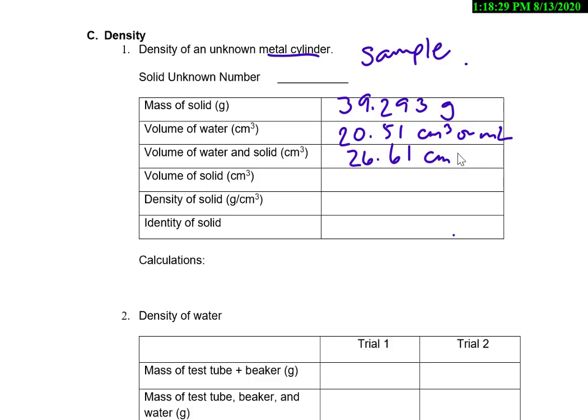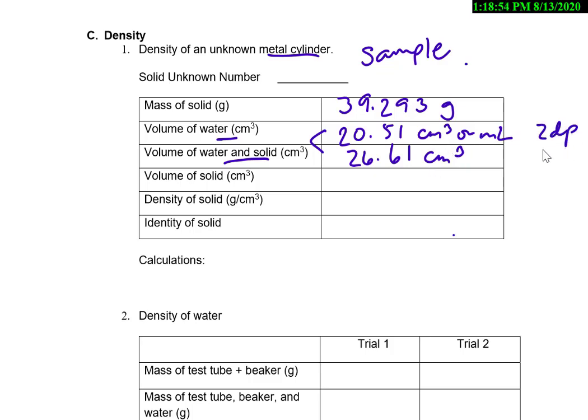So if the water level rose to 26.61, what we can then do is subtract here. If we have the water and solid, we'll subtract out the water so that we get the volume of just the solid. So when I take 26.61 and subtract 20.51, I also have to think about significant figures. Since this is subtraction, I'm going to look at decimal places.